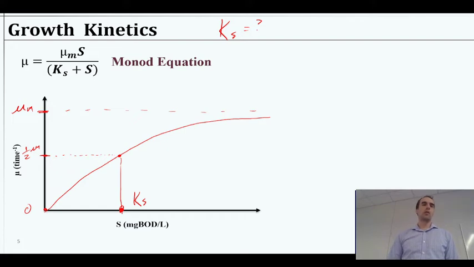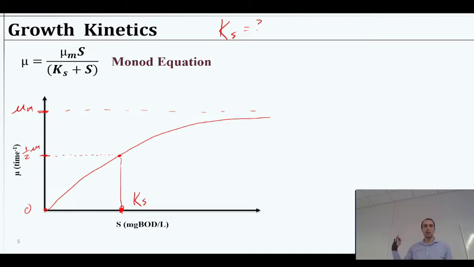S is, of course, the current amount of food they have. And mu max is like, well, what happened when we gave them as much food as we possibly could give them, right? So that's the different parameters here. I'm just showing you that so that you can kind of understand what's going into this mu. It's a function of how well they grow at max, with some caveat of like, well, where are we compared to halfway there?